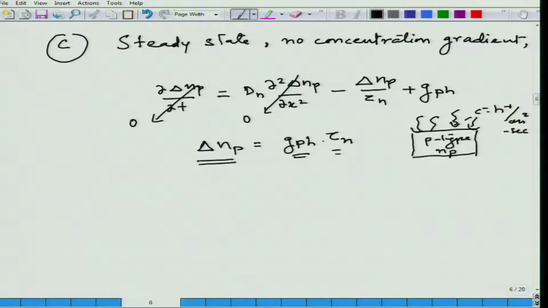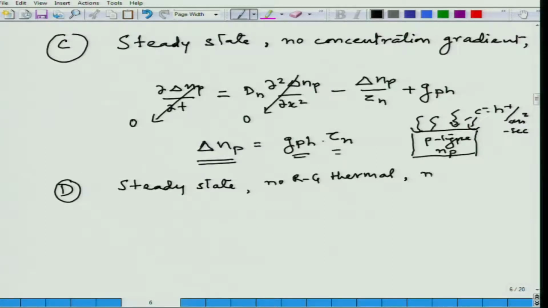Let us look at one more example, a special case for the minority diffusion equation, and this one is when you are looking at a steady state where there is no RG thermal process and also there is no light, which means the first, third and fourth terms are 0. I am only left with the second derivative of the excess carrier concentration.